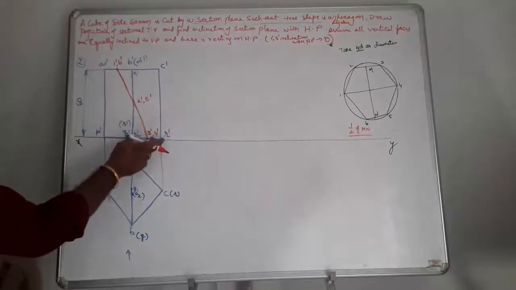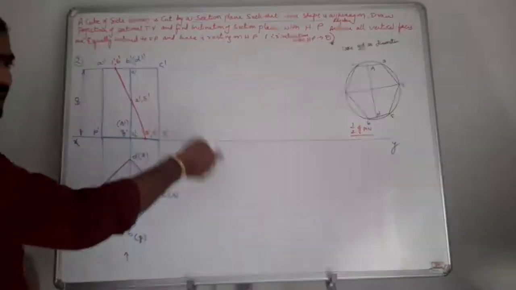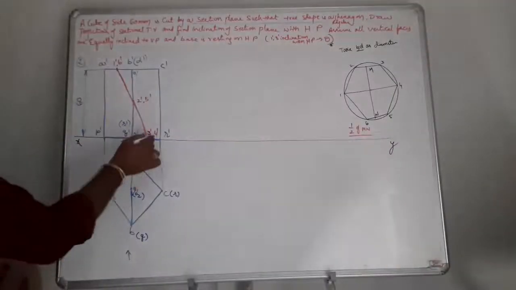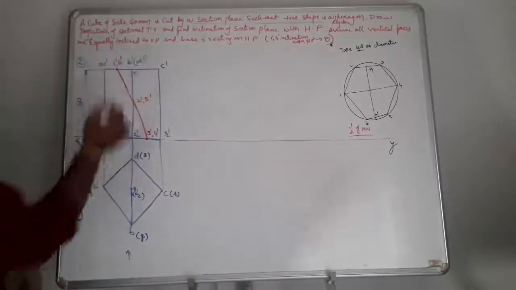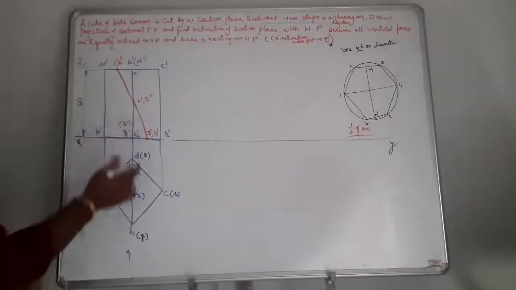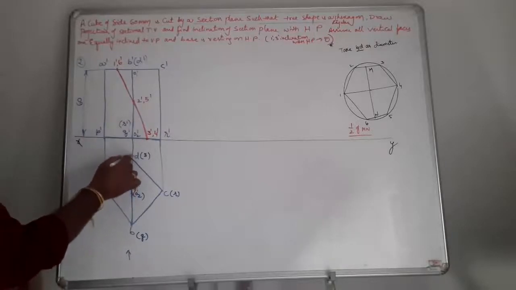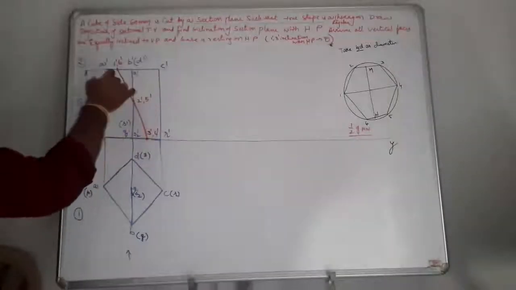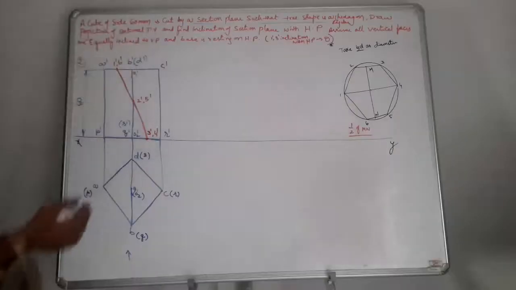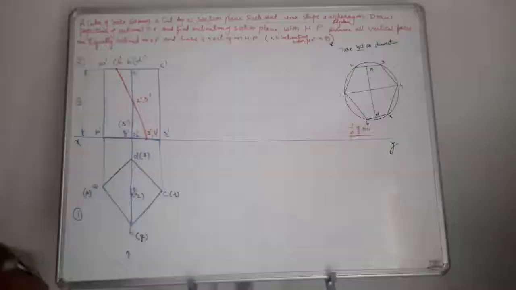Next, QR is going to be the visible base at the bottom, that is 3. Next, as in the previous problem, RS is one of the base edges, and that point is 4. Similarly, SD is one of the edges which is not visible, that is 5 dash. Next, AD edge is going to be behind it, which is not visible, so that point is 6 dash.